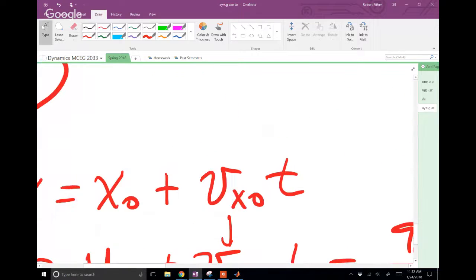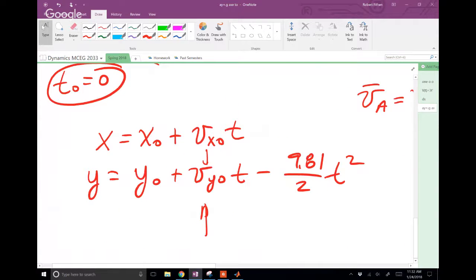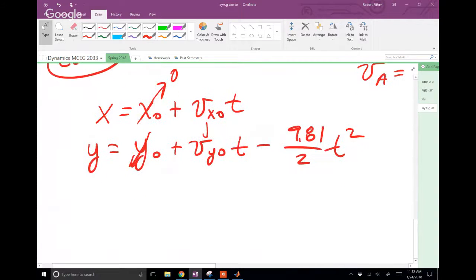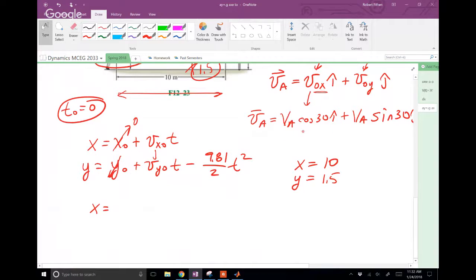That being the case, what you end up with is x equal to, and what I'm going to do is go ahead and copy the component of the velocity here, VA cosine 30 times t. So what I did is I copied that. Does that make sense? But I removed that x naught because it doesn't count.